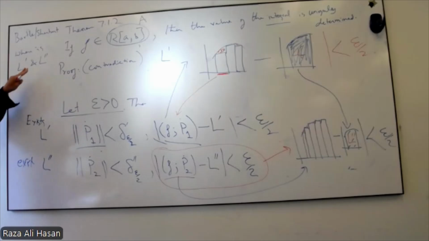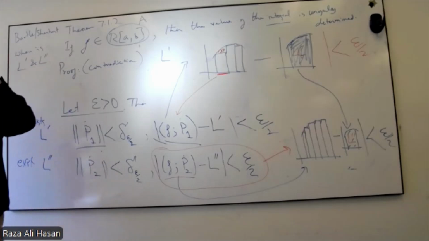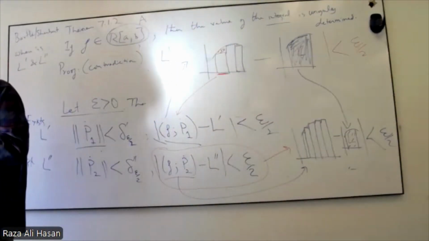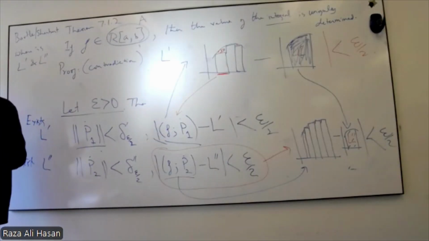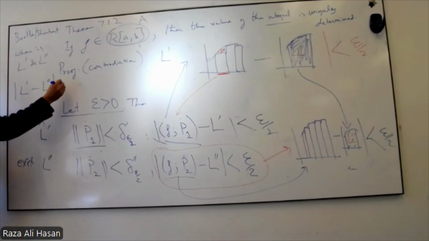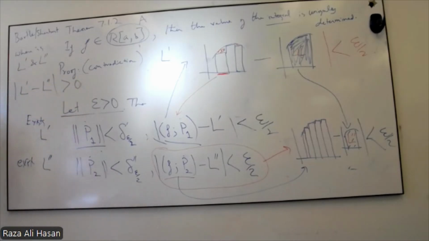If L prime is 2 and this is 3, these two are going to be different if the difference between them is positive. So in other words, this thing should be greater than 0. And so we need to be able to compare them.